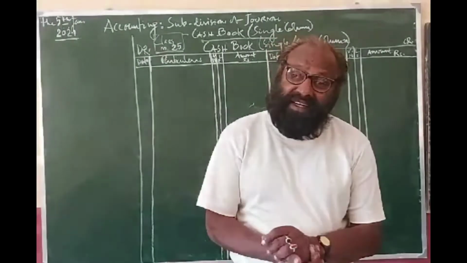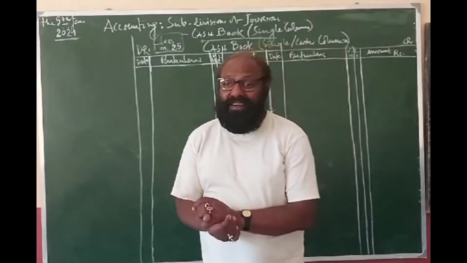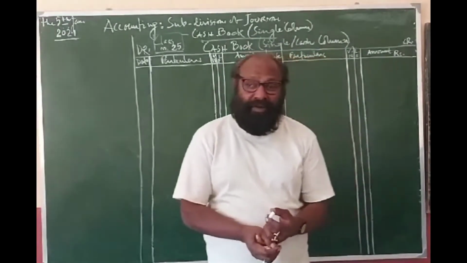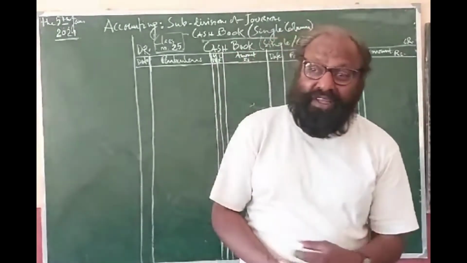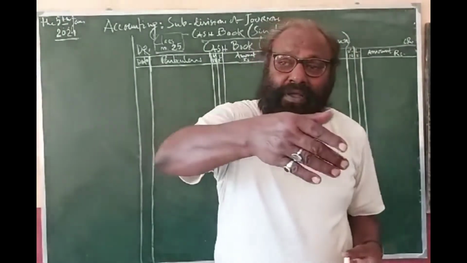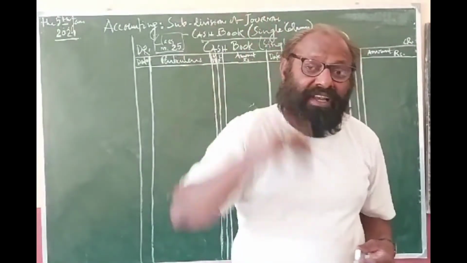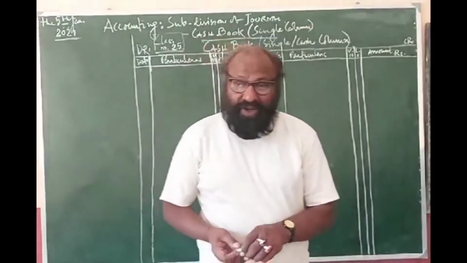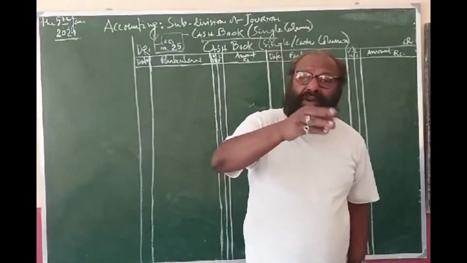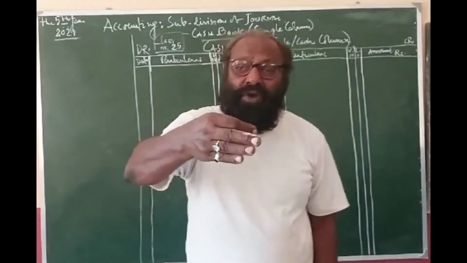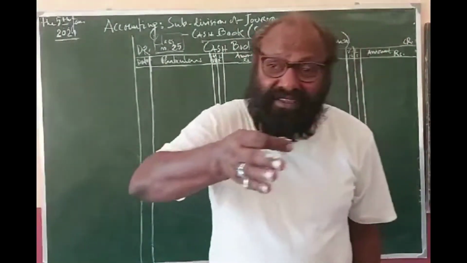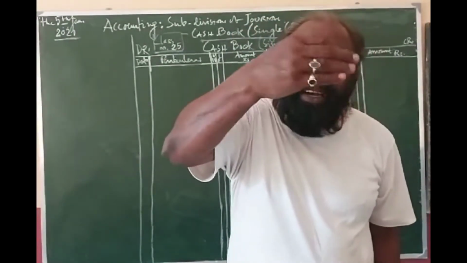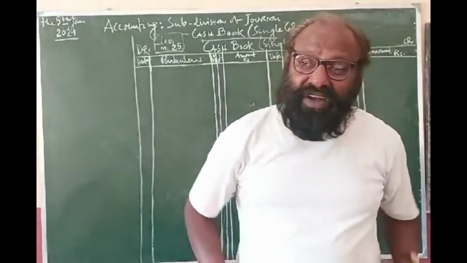Similarly, if you return goods to the person from whom you purchased them, that is purchase return or return outward. So the return inward, return outward, purchase book and sales book are all credit journals, concerned with transactions which are credit in nature, and these are recorded in these books.